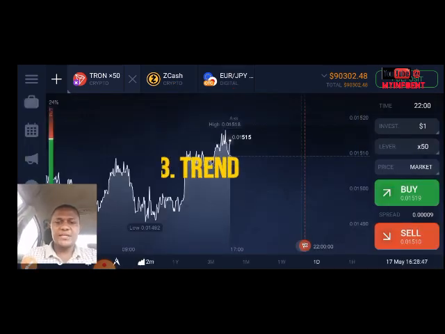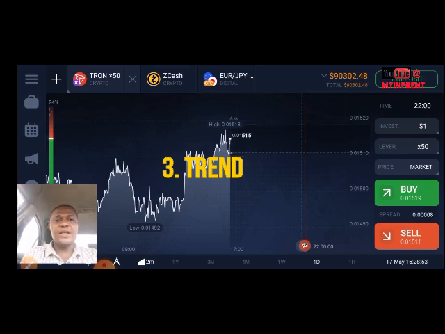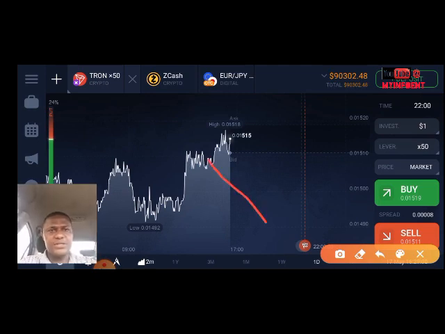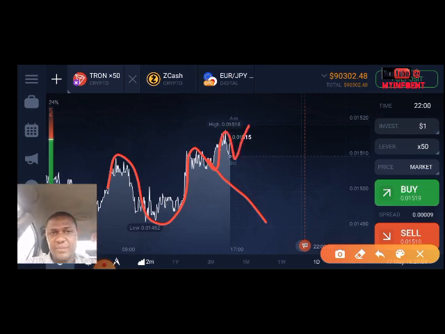Number three, trend. A trend is a tendency for price to move in a particular direction over a period of time. What is trend? If you look at these charts, this movement you're seeing is a trend.